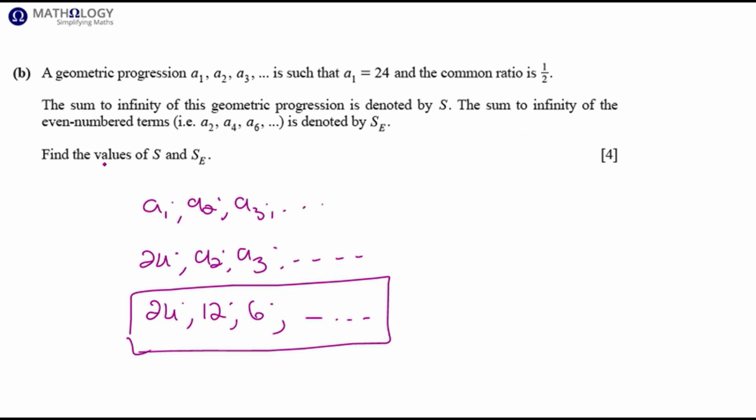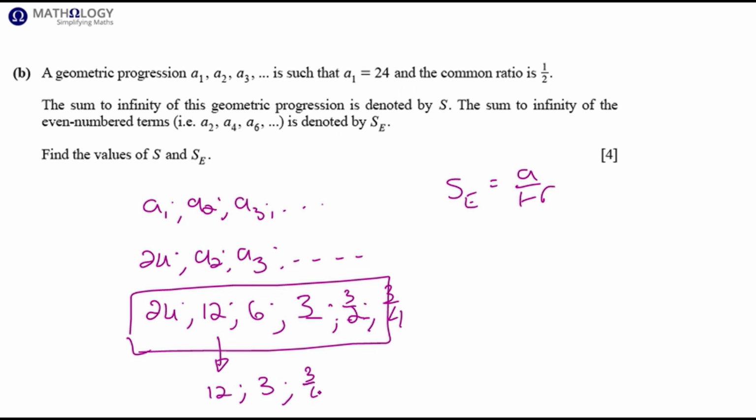Now the sum to infinity of the even numbered terms is denoted by S sub e. So the sum to infinity again is a over 1 minus r, but our sequence now is the even numbered terms. We start with term 2, which is 12. We halve it to get 6, and we halve it again to get 3, so the next even term will be 3. We halve 3 to get 3 over 2, and halve it again to get 3 over 4.